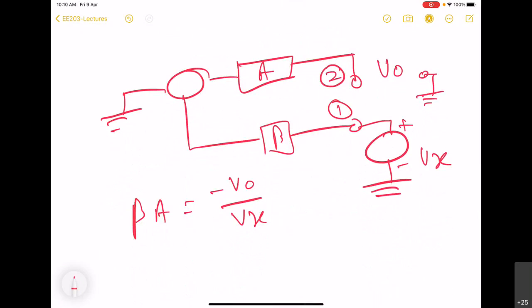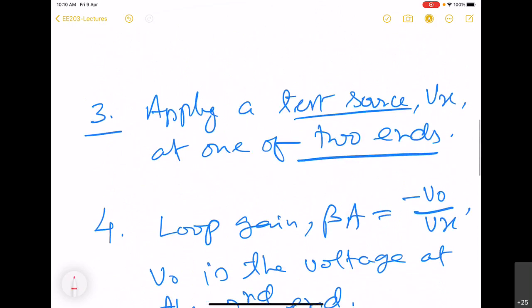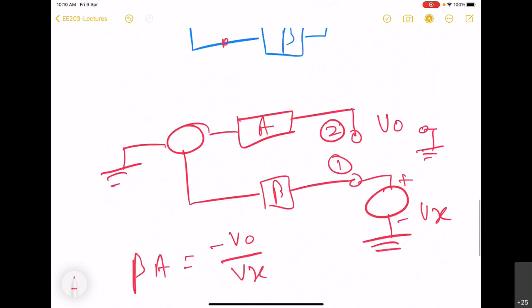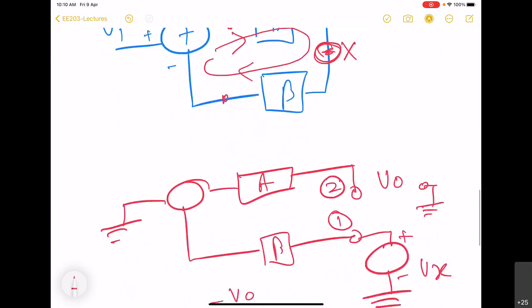Before we discuss how to identify the suitable point, we will talk about the third step. The test source should be connected at one of the two ends. So how do we identify which end the test source should be connected to? In the original loop, the signal will travel in the clockwise direction.